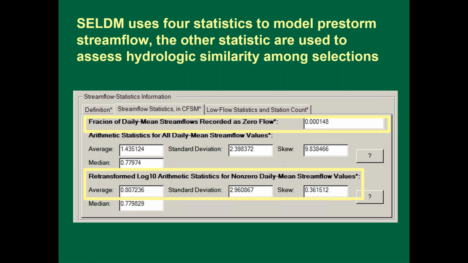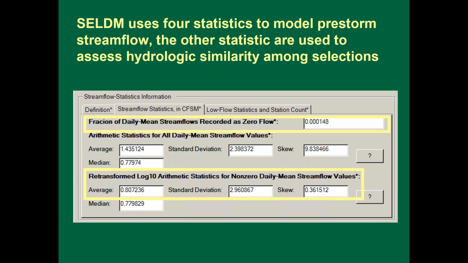SELDM uses four statistics to model pre-storm stream flow. The other statistics are just used to assess hydrologic similarity. So what does SELDM use? It uses the fraction of the daily mean stream flows recorded as zero flow. If you have a perennial stream, that's going to be 0. If you have an intermittent stream, that's going to be somewhere on the order of 0 to the number of storm events per year.